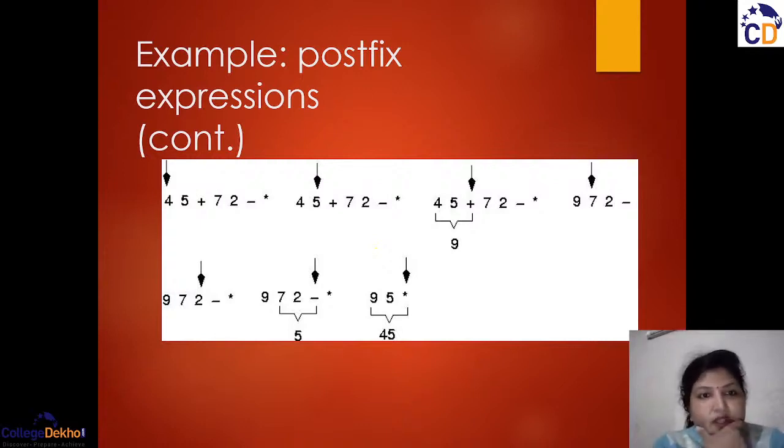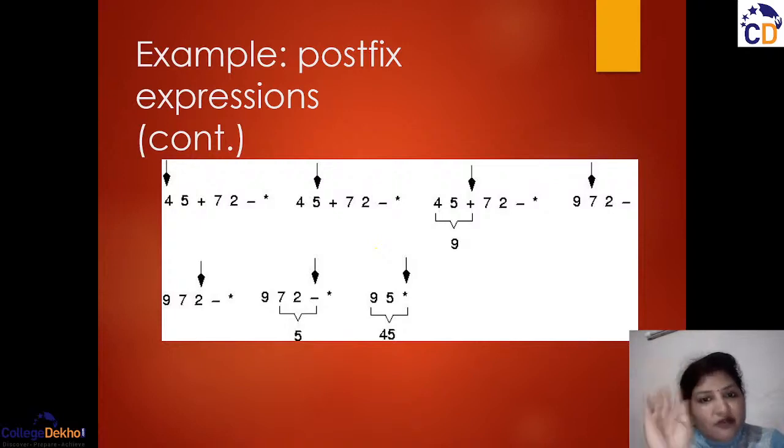You have this: 4 5 plus 7 2 minus multiply. Now how does it work? In this particular statement, we have a number of operators and four operands. How are we going to evaluate it? First of all, we have taken the sum of 4 and 5, right? Because it goes from left to right, we have already seen this part.